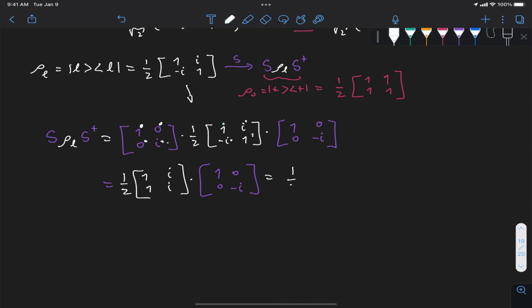That gives us 1/2 of 1 times 1, that's 1, plus i times 0, that's 0. Then 1 times 0, that's 0, and i times minus i, that's 1. And then at the bottom, i times 1 is i, plus 1 times 0 is 0, so that's just i, hmm, then 1 times 0 is 0, and 1 times 1 is 1. So we can see that these two match, which tells us that the definition of the evolution of a density matrix through a unitary is working well.